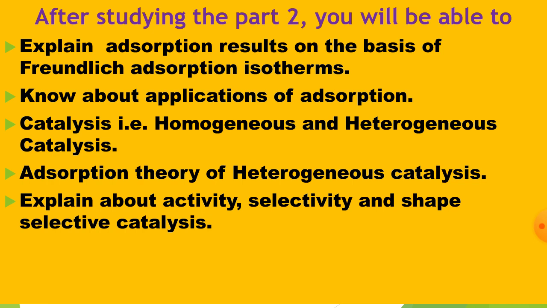At the same temperature, that is, a graph plotted at constant temperature, belongs to isotherm. Then you will be able to know about the application of adsorption. That means in which fields this process is used, this you also have to know.